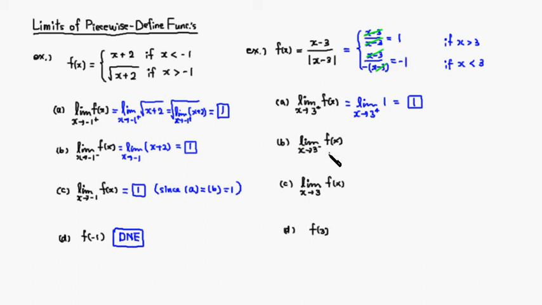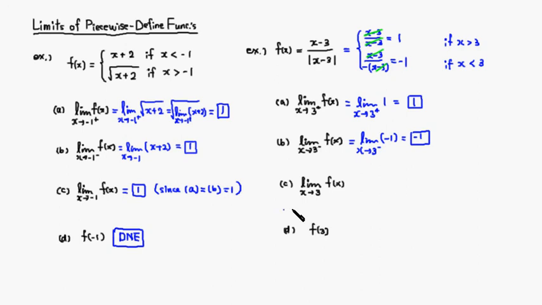All right, part B. This is a left-hand limit, so we have to look at the one when x is less than 3. The formula is the limit of -1, which is the bottom formula, as x approaches 3 from the left. But the limit of -1 is still -1.